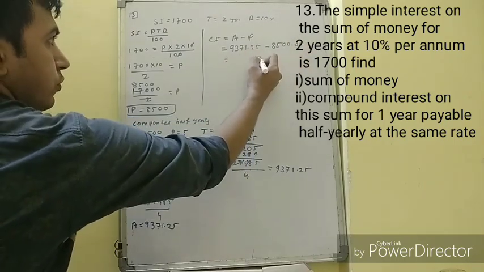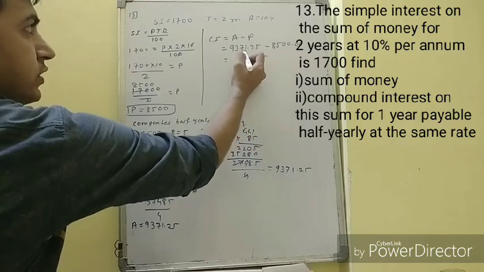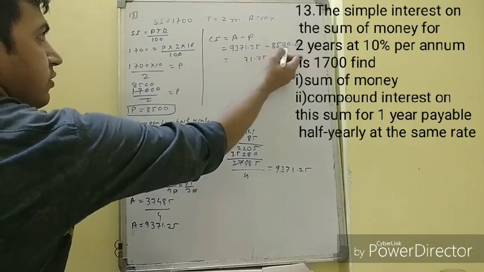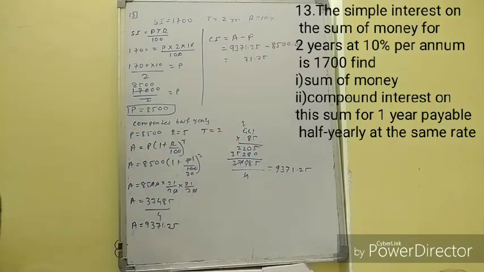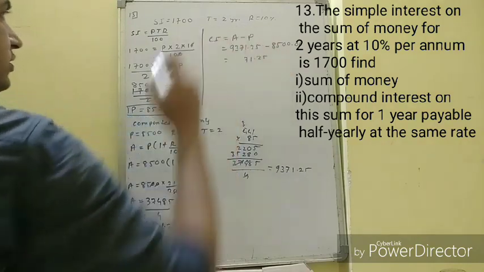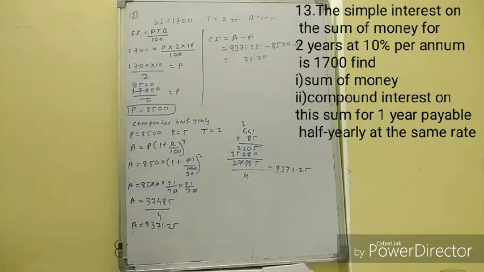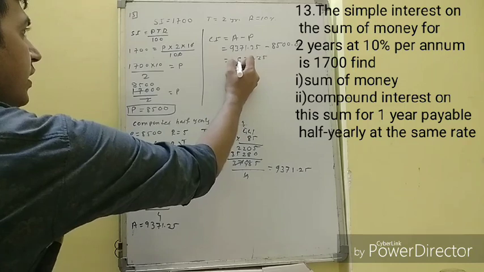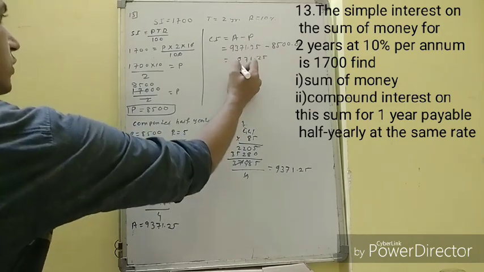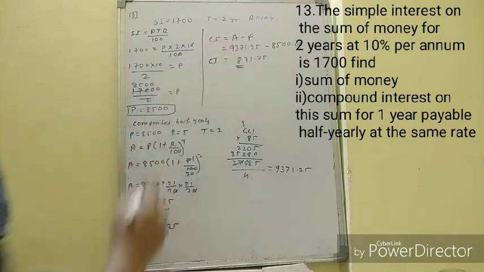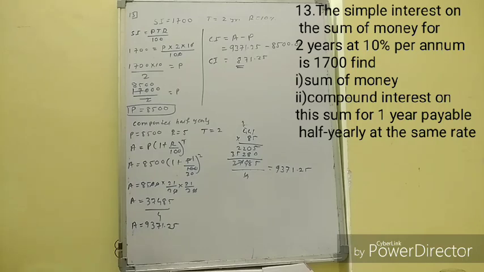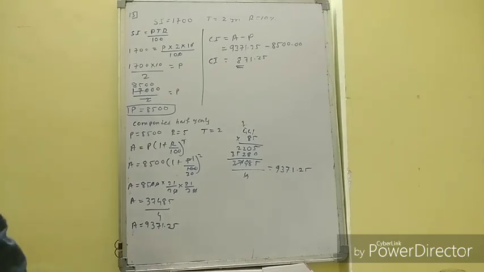So it is 25 as it is, 71 as it is, 71 minus 00 is 71. Now 13 minus 5. So okay, 13 minus 5 it is 8, and 8 minus 8. So the compound interest is 871.25 rupees. Okay, so this was the end of the first exercise of compound interest.